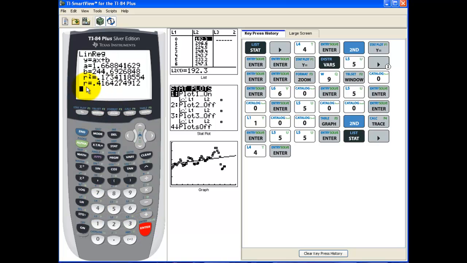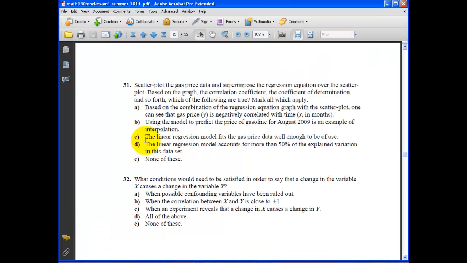The correlation coefficient is 0.416. It's very small as far as these go, and too small to be of use. I always like to say a good rule of thumb is when the absolute value of the correlation coefficient is above 0.75, then it's linear enough for our purposes. So in this case, no, it's not very linear at all. And so I would say that choice C is also false, so I'm not going to mark that.